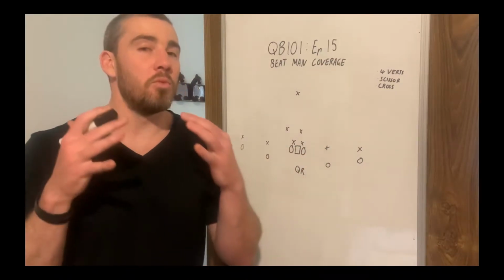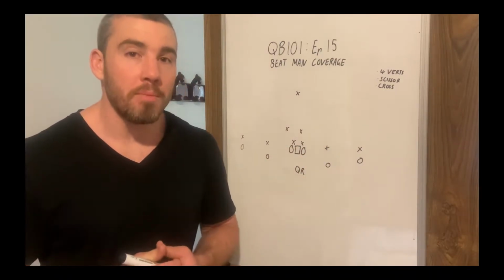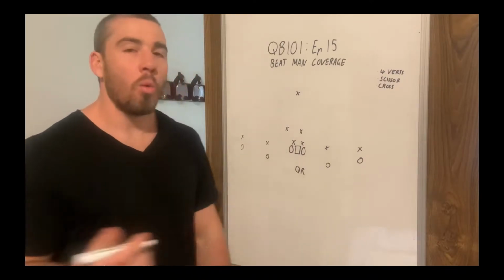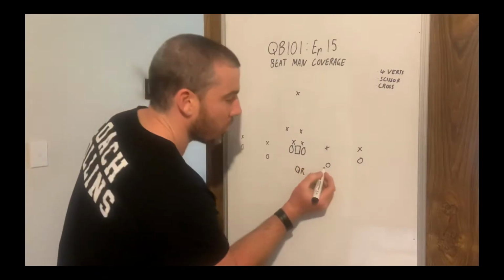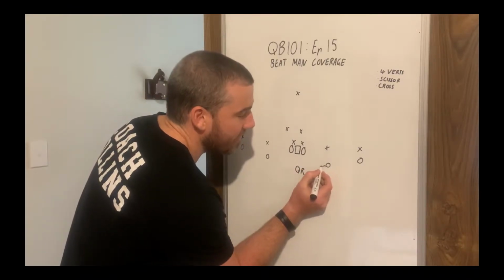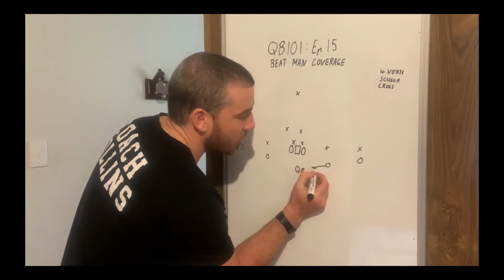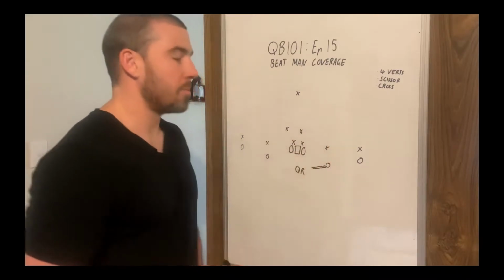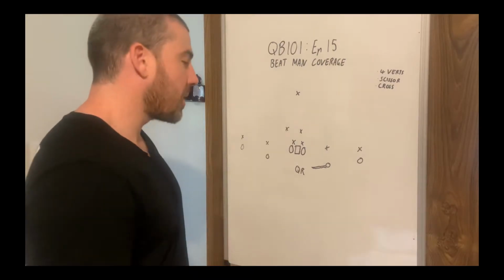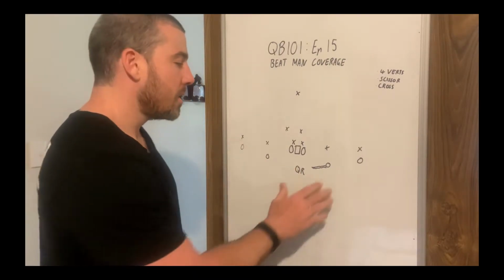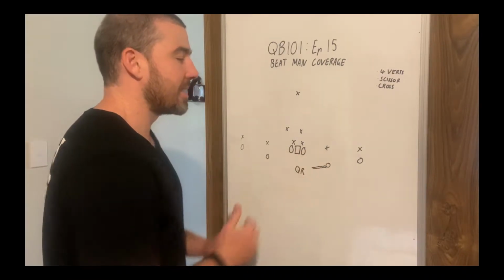And if we really want to confirm that it is man coverage, what we can do is put a receiver in motion. Sometimes we can use a motion where they motion in and then motion straight back out and then go into the play. Some people call this a yo-yo or a waggle. Doesn't really matter. So we can use this motion to see that they're in man.